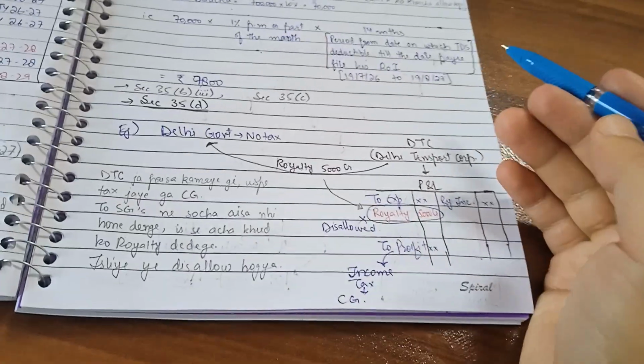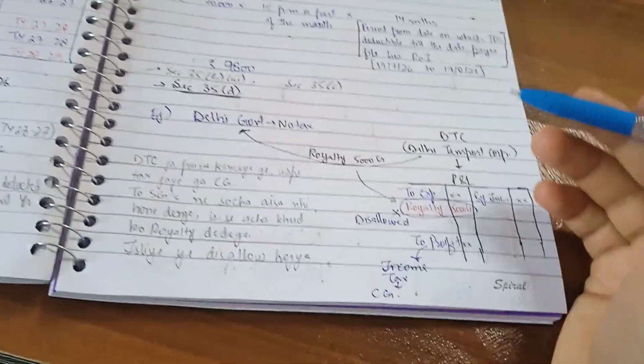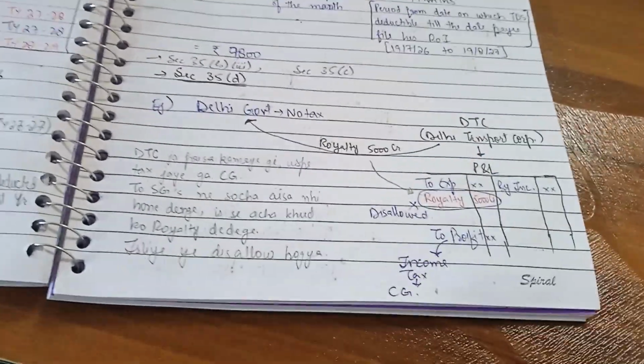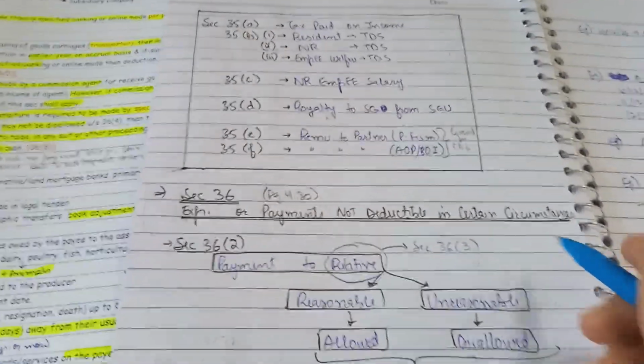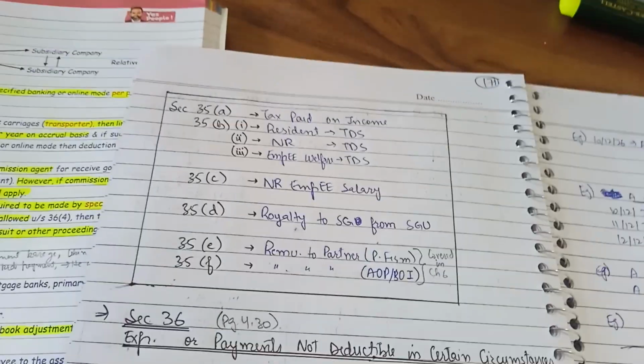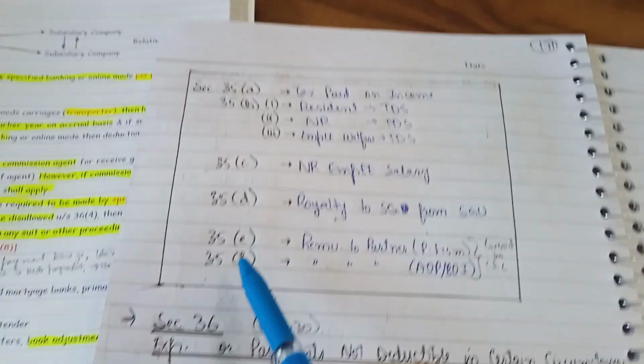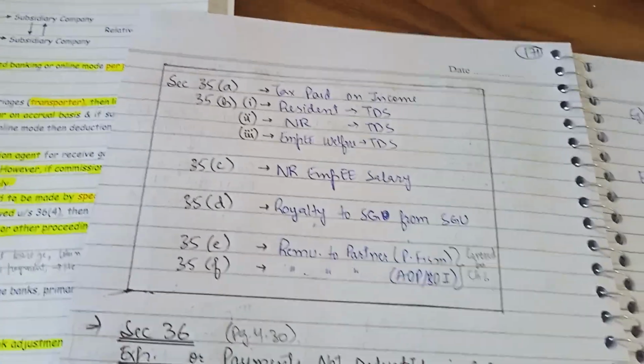So in order to prevent this, a rule was introduced to disallow such payment of royalty by state government undertaking to the state government. These are all the subsections of section 35. There are section 35E and 35F which I have not discussed, which will be discussed in chapter number 6.